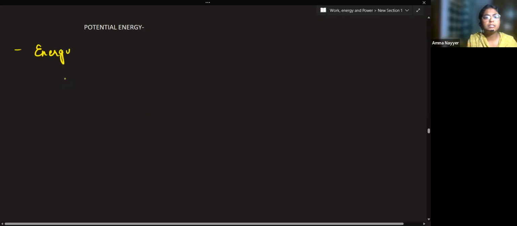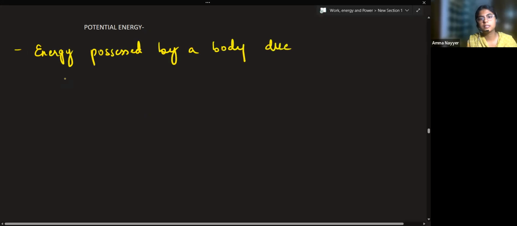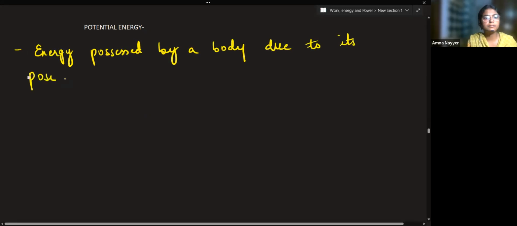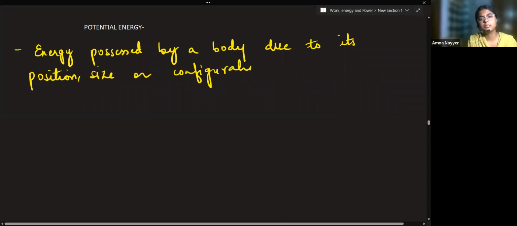Energy possessed by a body due to its position or size, you can say, or configuration in a field.